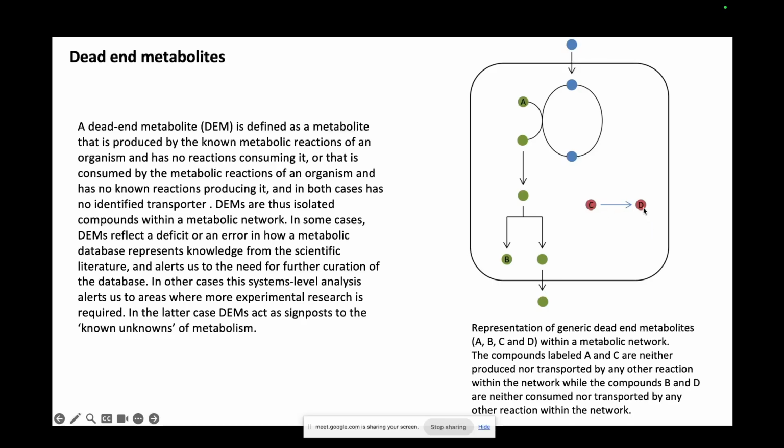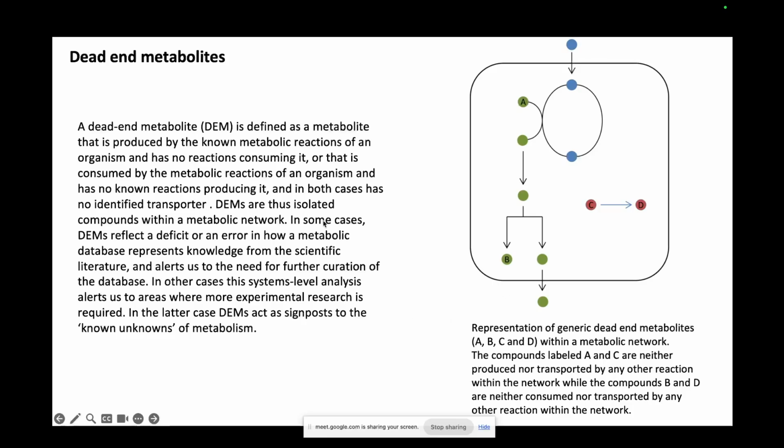But if you consider these two elements, C and D, and even A, you do not know the origin of A and C. So these are like root non-produced. You do not know the origin of the production of these two. And then you have D, you do not know where it goes and how it is getting consumed. So that is known as root non-consumed. These are examples of dead-end metabolites.